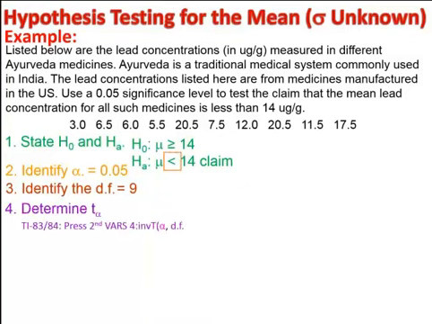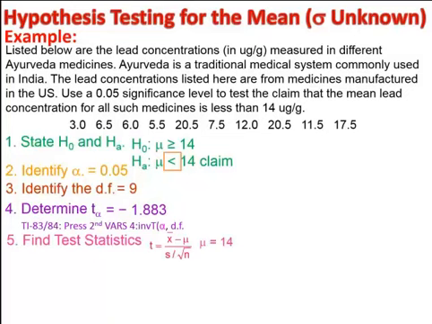The critical value is based on the alternative hypothesis statement, and we're going to get a negative 1.883.